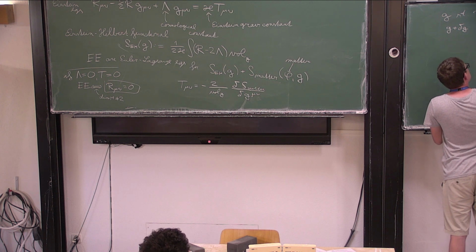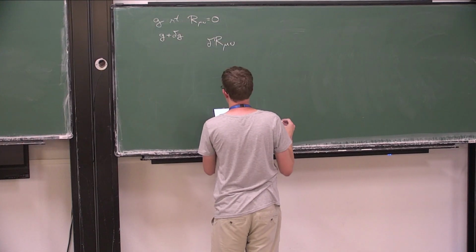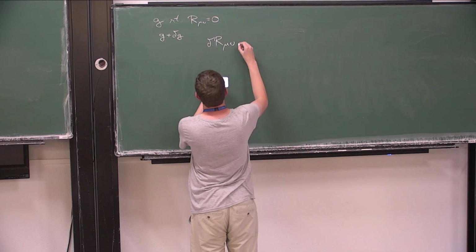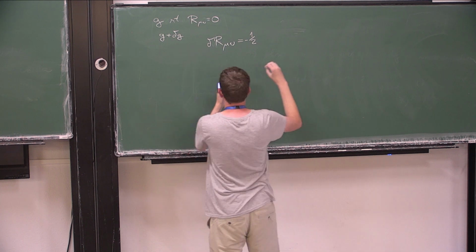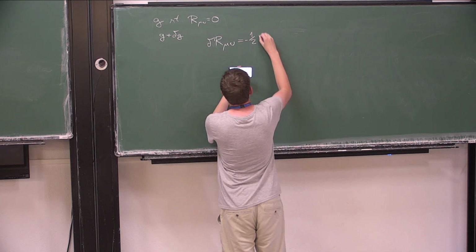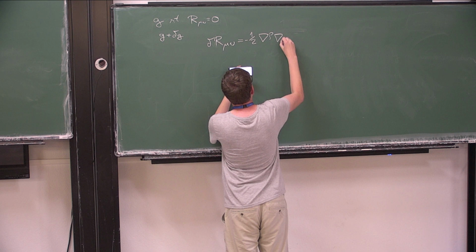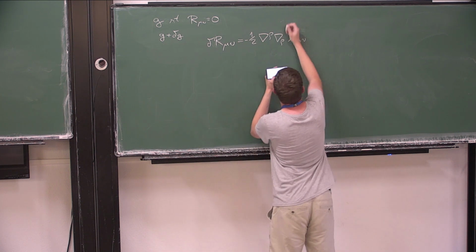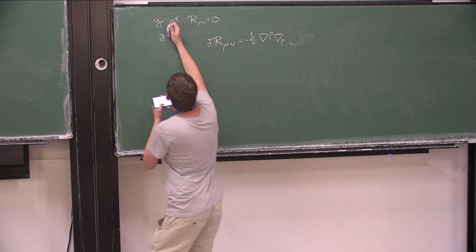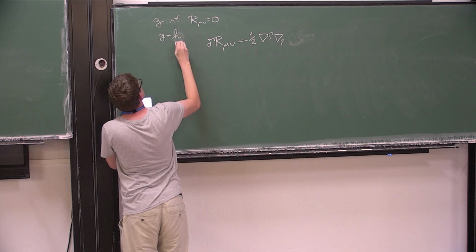And there is the following beautiful formula in terms of this delta g. Let me call it h, that's, I think, the usual thing. This is small.